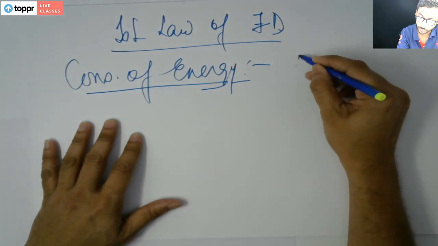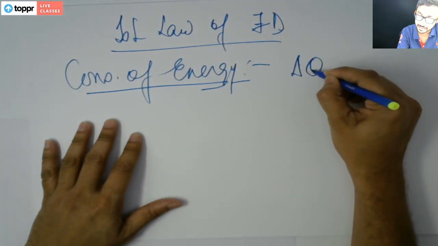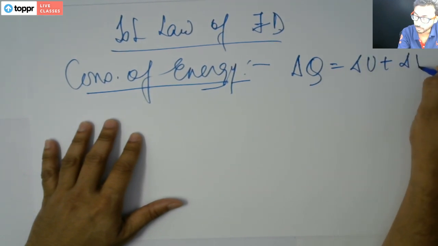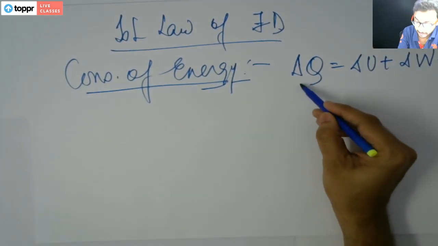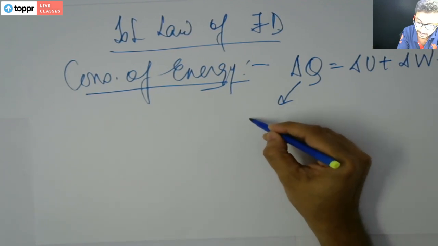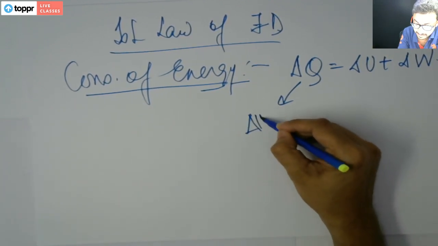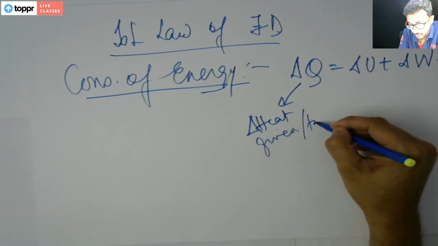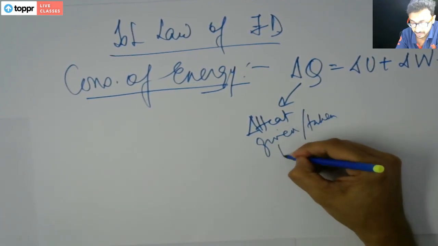What does it state? It is written like this: del Q equal to del U plus del W. Del Q is the heat given or taken from the system.